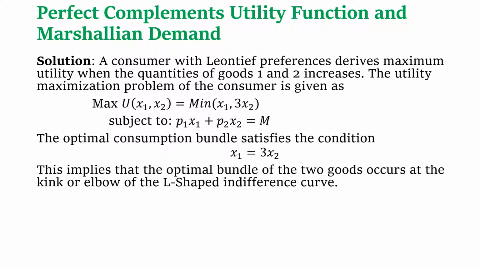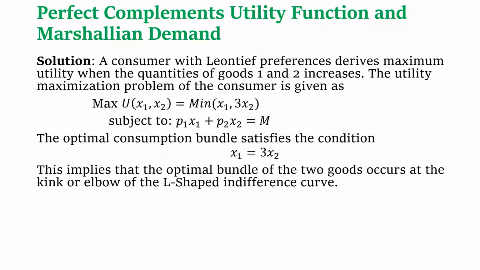So how do we do that? For this consumer with Leontief preferences, we obtain the maximum utility when the quantities of goods 1 and 2 increase, right? So a consumer with Leontief preferences maximizes utility when the quantity of good 1 and 2 increases, when the quantities of both goods increase simultaneously.